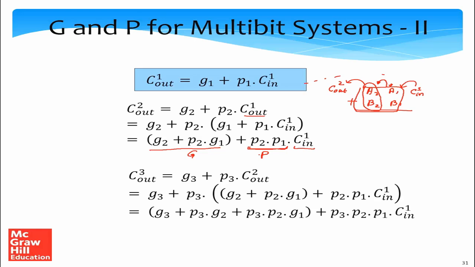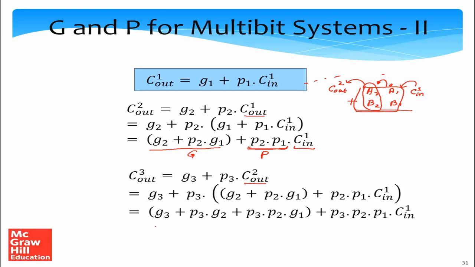So let's consider a 3-bit system. We can write a similar equation: either the 3rd bit pair is generating, or the 3rd bit pair is propagating the carry generated out of the addition of the first 2 bits. Then for this equation we can substitute this result.